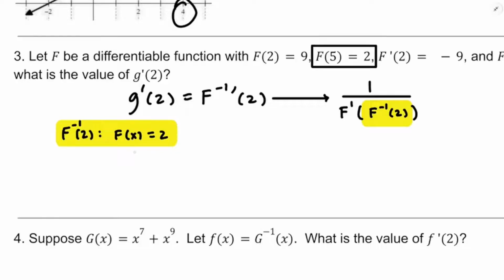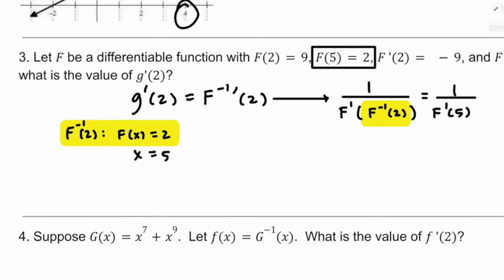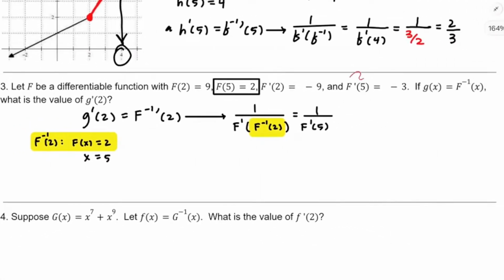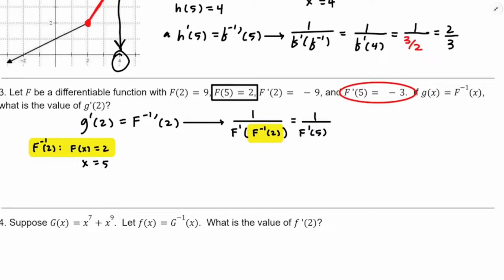So that's x equals 5. And remember, f inverse is just an x value. So I've got 1 over f prime of 5. And then I'm sure that's going to be in the table. Yep, f prime of 5 equals negative 3. So that's equal to 1 over negative 3.